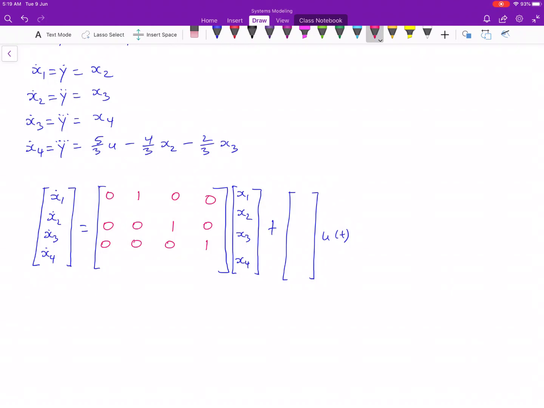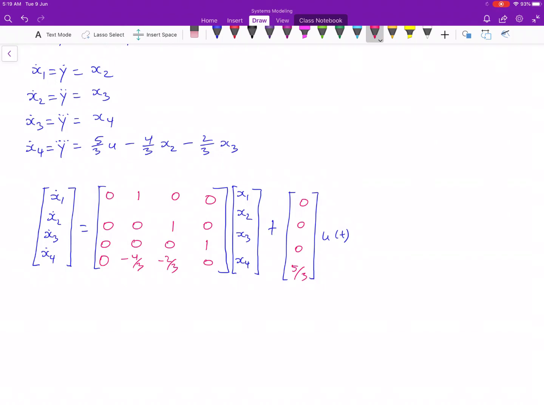And x4 dot is equal to our entire equation. So for x1, we don't have x1 in there, so there is a 0. x2 is minus 4 over 3. x3 is minus 2 over 3. x4, there is nothing, so it's a 0. Okay? And our input matrix, we have 0, 0, 0, and 5 over 3. All right?